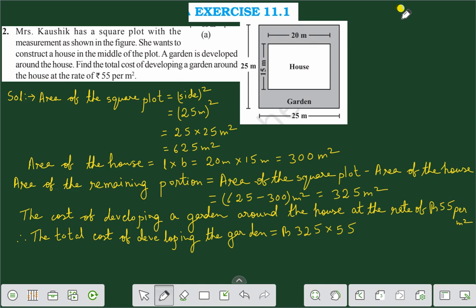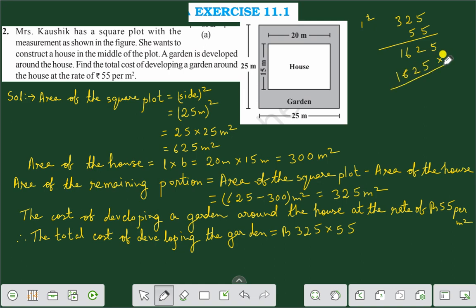Now if we multiply 325 with 55, 5 fives are 25, 2, 2 here is 5. 5 twos are 10 plus 2 is 12, carry 1. 5 threes are 15 plus 1 is 16. Again 5, 2, 6, 1.